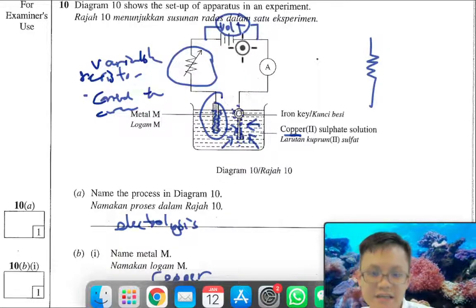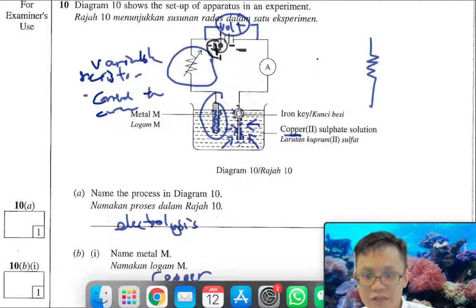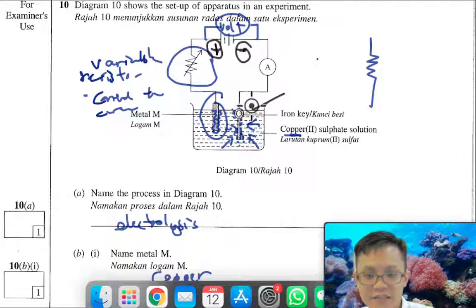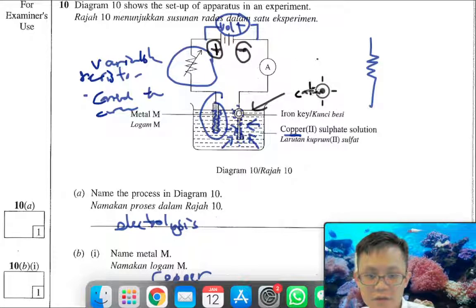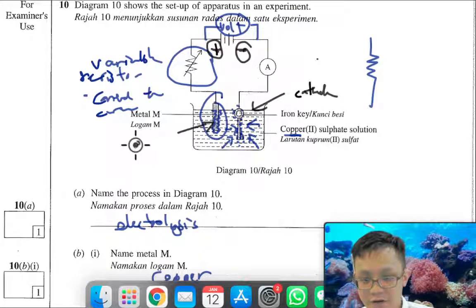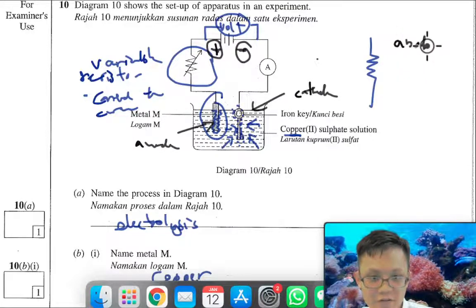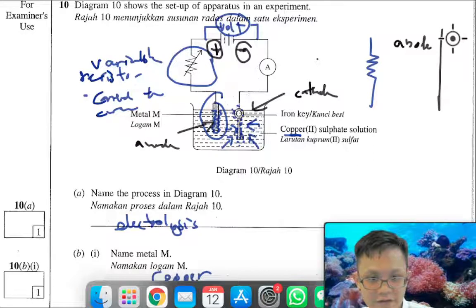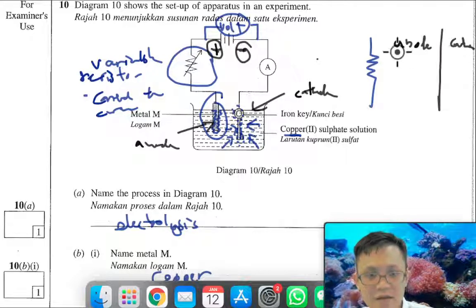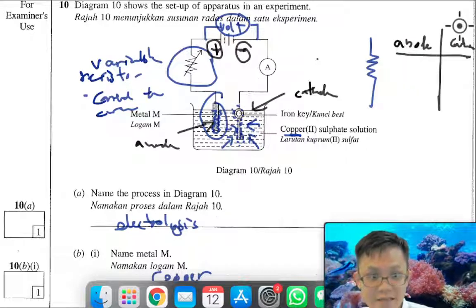The battery here is negative, here is positive. So if negative, sure this is the cathode, and if positive, here sure is the anode. So usually I just write anode, and I write cathode. Cathode is negative.